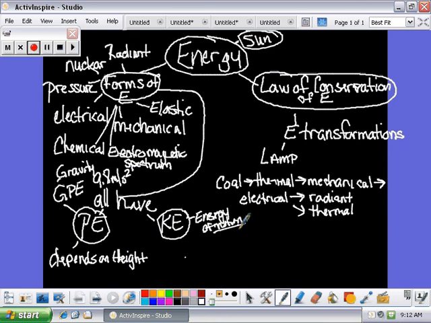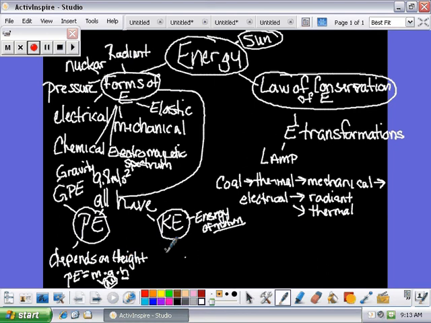So we know this deals with height because our equation for potential energy is PE, your potential energy, equals your mass times your gravity times your height. Now remember, what is mass and gravity together? Newtons. Okay. And then you have your height, which changes, so that's going to change the potential energy.